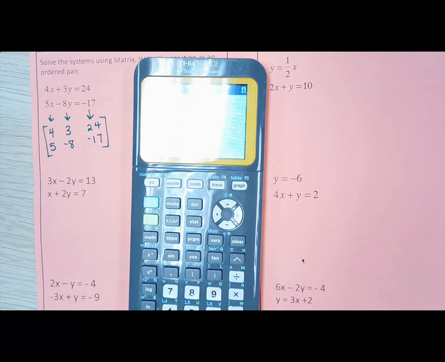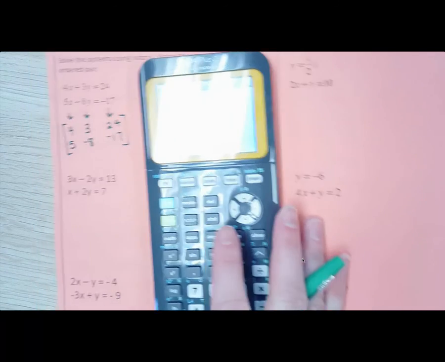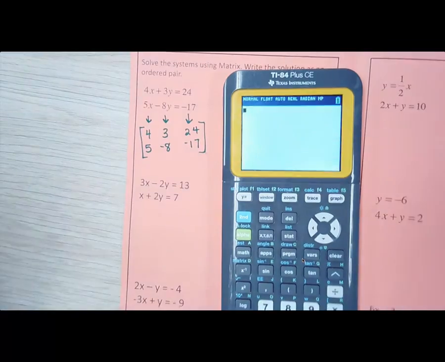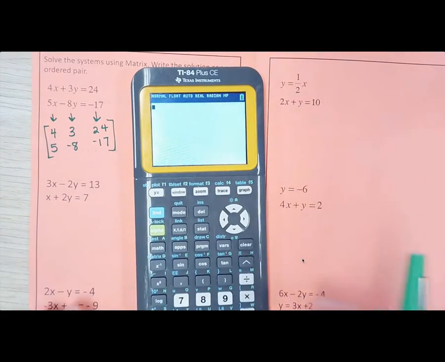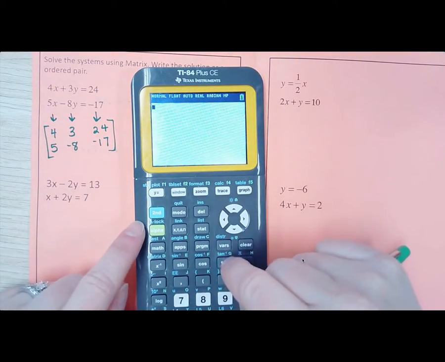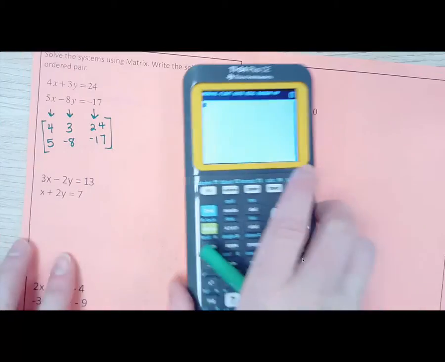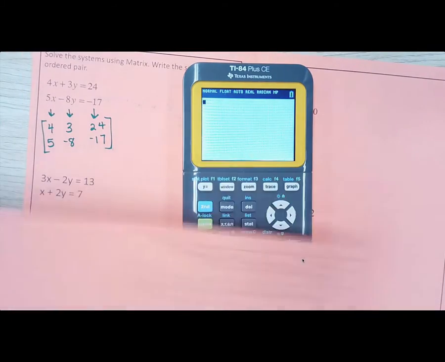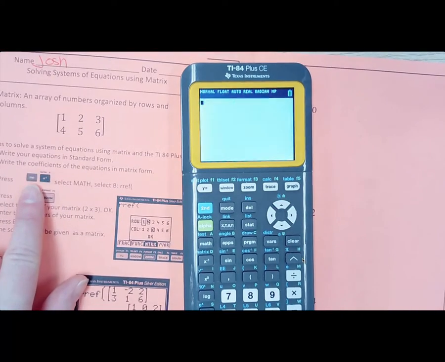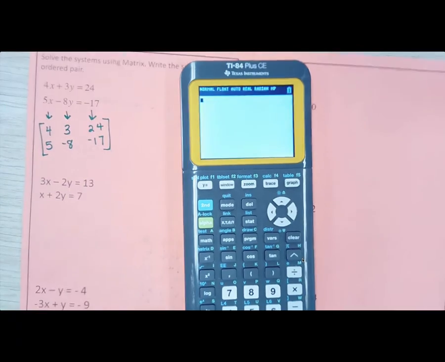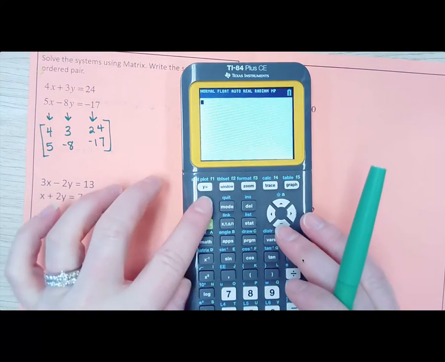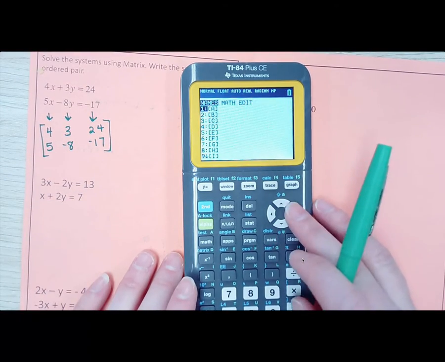So let's follow those steps again. If you need to look back at the front, you can, or I'm going to do it with you. So go to, y'all remember? Second matrix. Go to math.